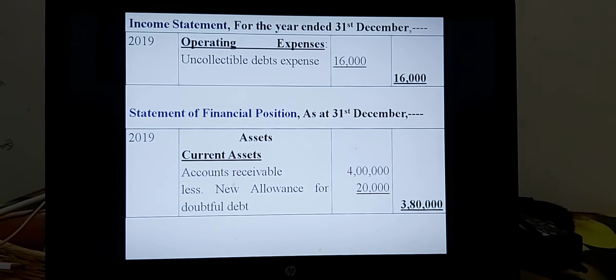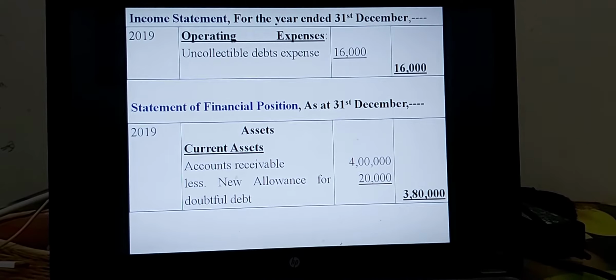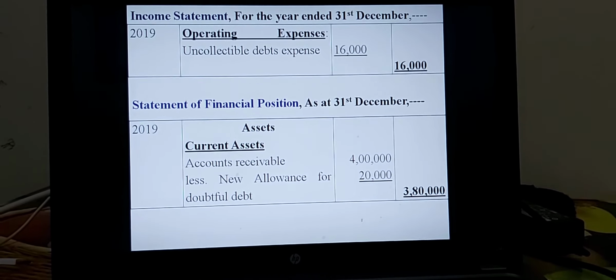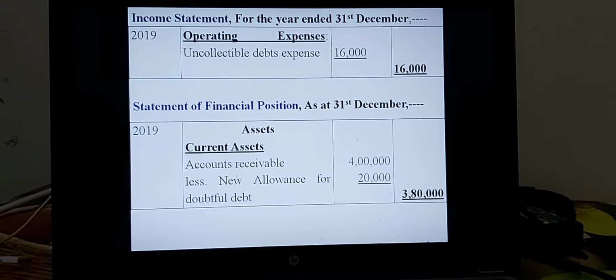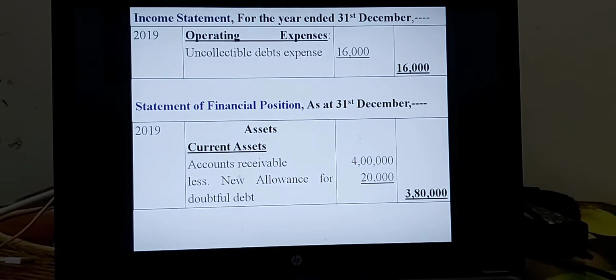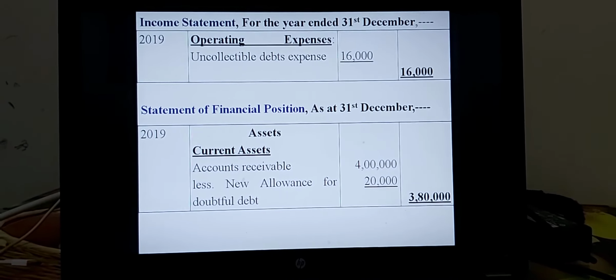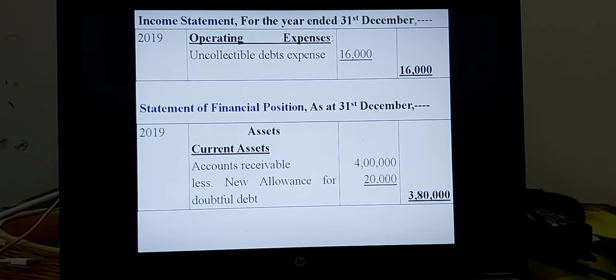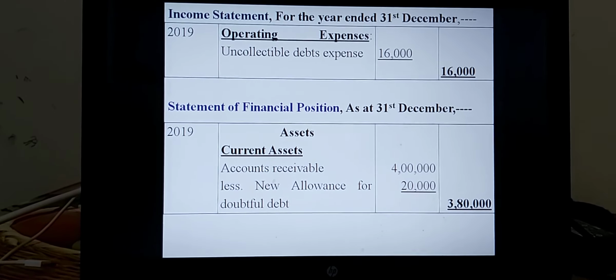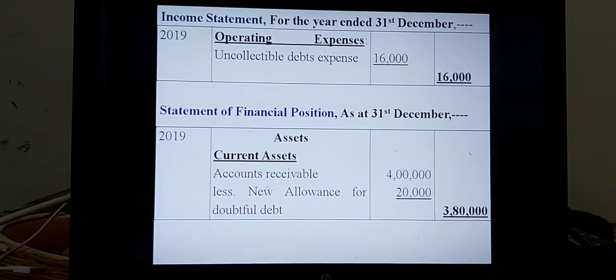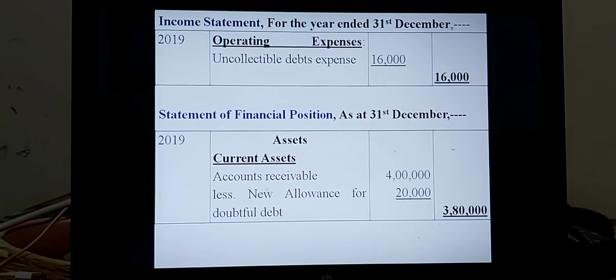Second statement, statement of financial position as at 31st December, that is the balance sheet. The balance sheet has only assets and liabilities and contra asset. So in 2019, you have to go at first to the asset side and find out current assets. Accounts receivable are related to current assets. So accounts receivable amount taka 4 lakh is given.